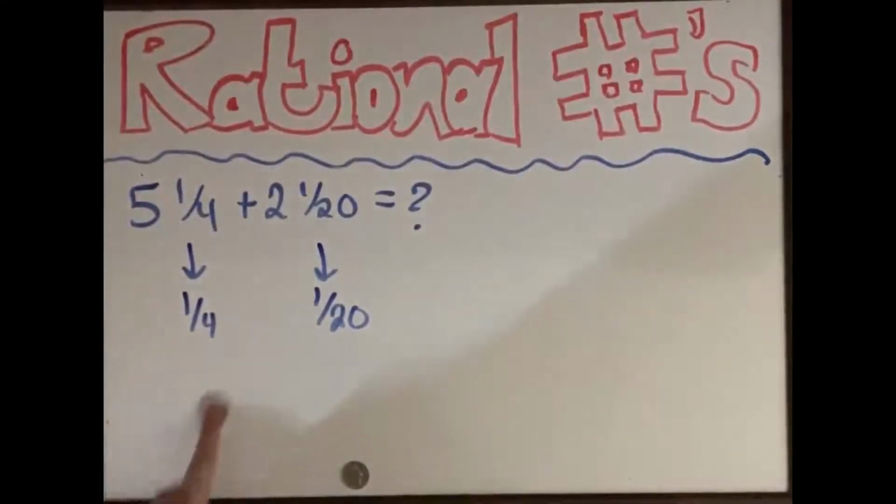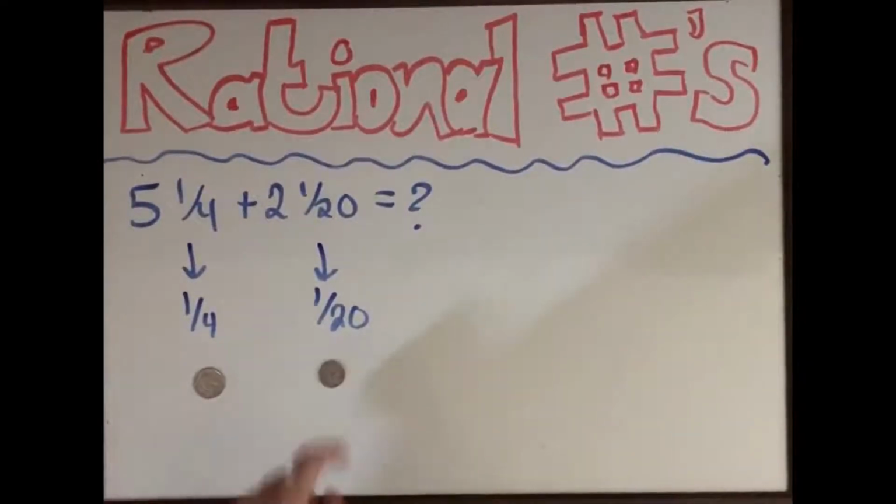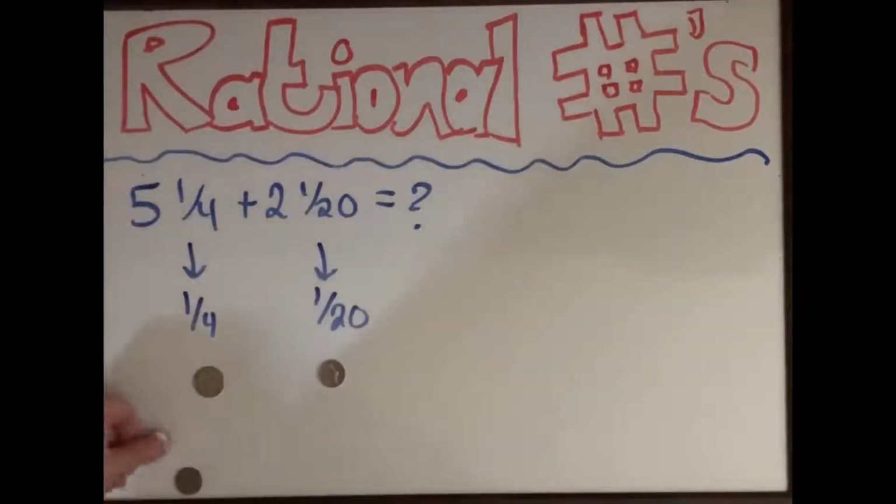So we have 1/4 plus 1/20, because we're going to exclude the whole numbers for now. How do we get this to work? One way we could do it is break the quarter down into nickels. How many nickels go into 1/4? 5. 1, 2, 3, 4, 5.